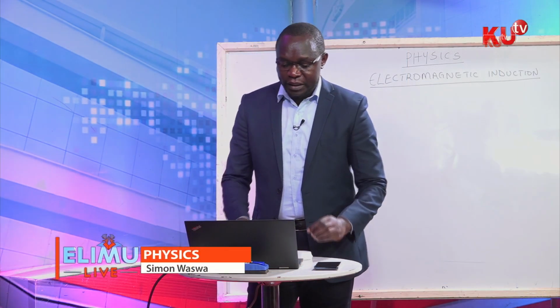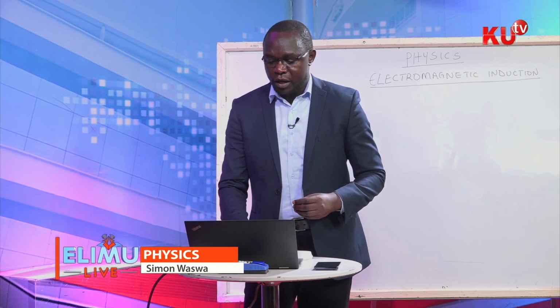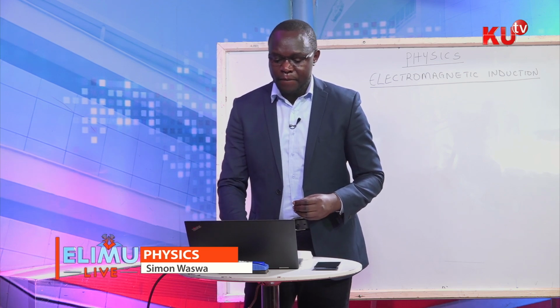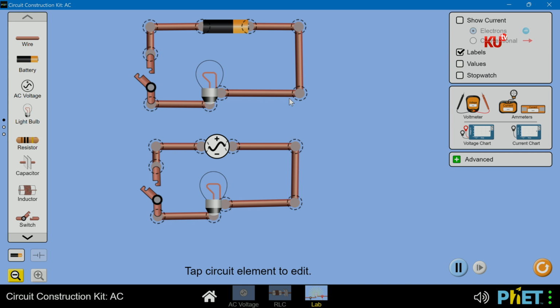So in this case, we have a circuit that is modeled. There are two circuits here. One is using a dry cell, and the other one is using an alternating current.